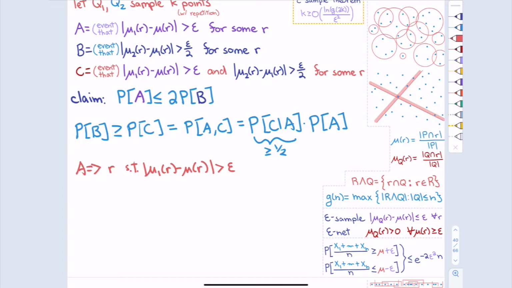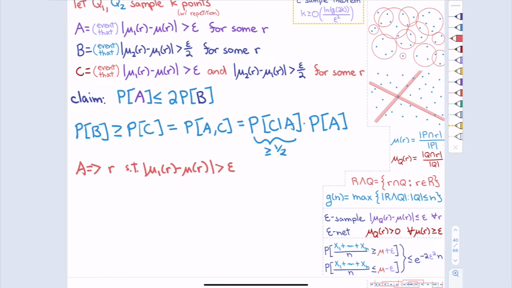So there's at least one range R where the measure is off. We're actually going to show that for that particular R, it provokes C with probability at least 1/2. The only thing left to do is to show that mu2 and mu1 disagree on this R with probability at least 1/2.